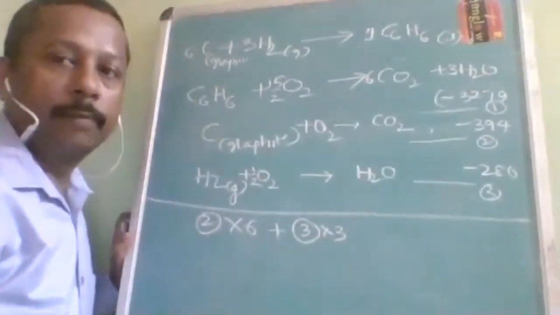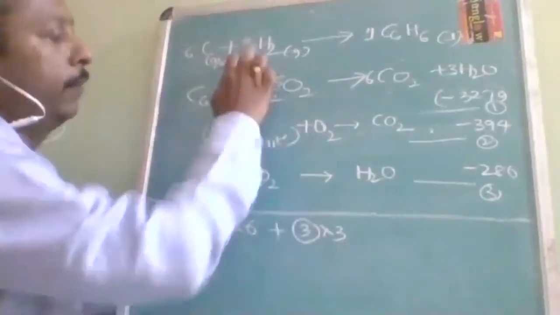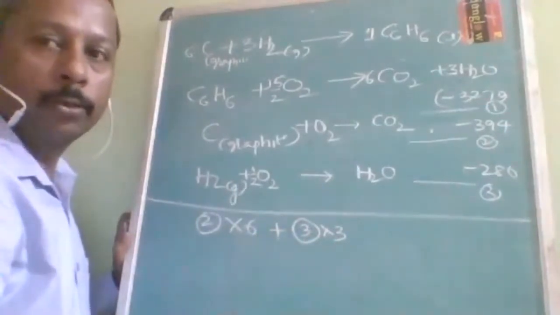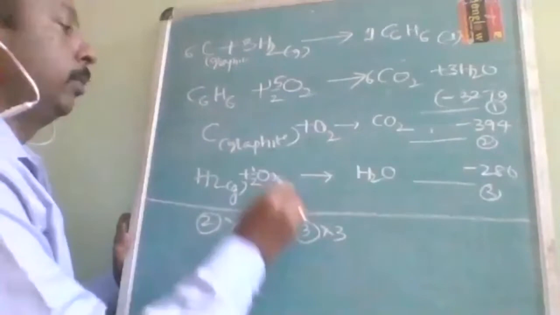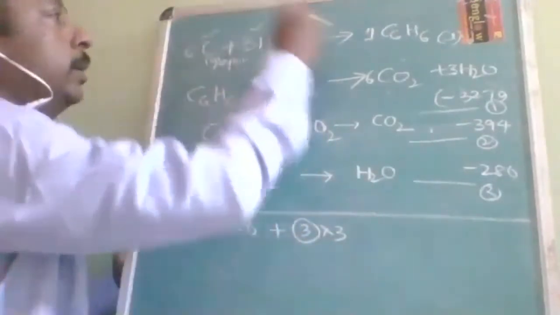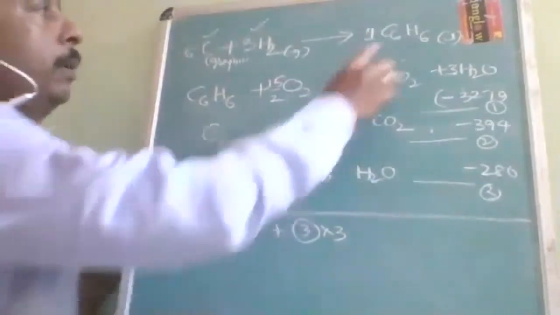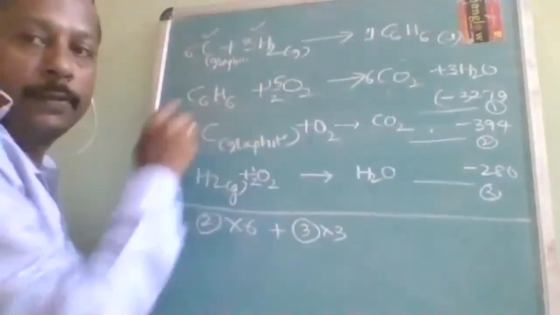I got this 3 from the equation, 3 moles; if it were 5, it would be 5. This is multiplied so that you get it in the required form. Now I could manage these two, but I need to manage this one. The main problem is that I want it on the right side, but here I got it on the left side.